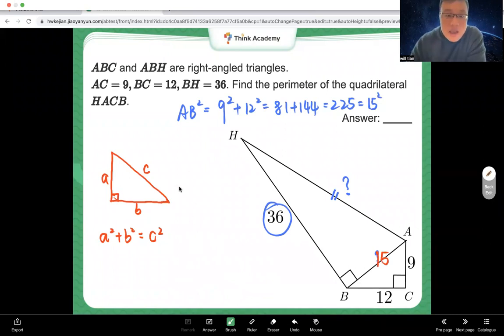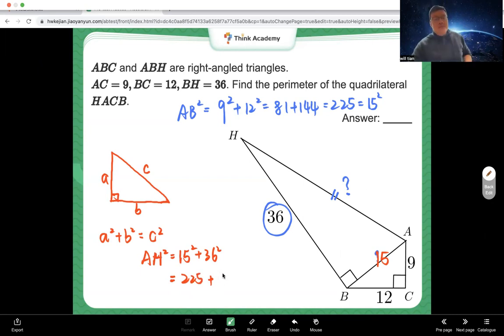And now to get AH, you're going to repeat using that formula again. AH squared, the longest side, equals 15 squared plus 36 squared. 36 squared is 1,296 plus 225. 225 plus what number? 1,296.